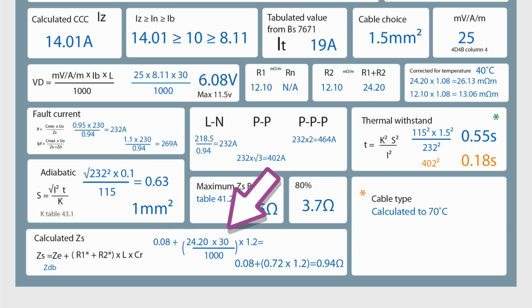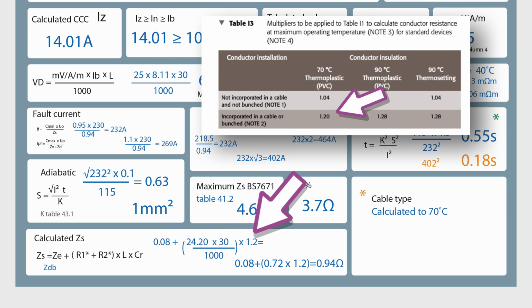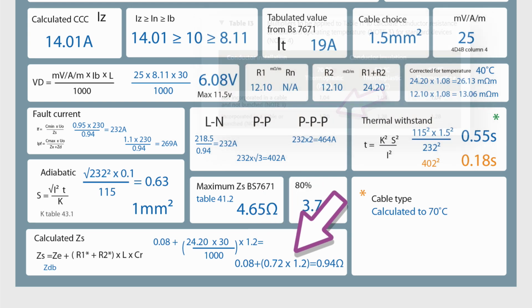Now we times this 24.2 by the length of the circuit, 30 meters, and divide by 1,000 to get from milliohms to ohms. But this 24.2 milliohms per meter value was at 20 degrees C. Because we're calculating, we need to know what this will be at 70 degrees C to see if it's still acceptable. So we have a correction factor of 1.2 that brings it up to 70 degrees C. This is the maths here.